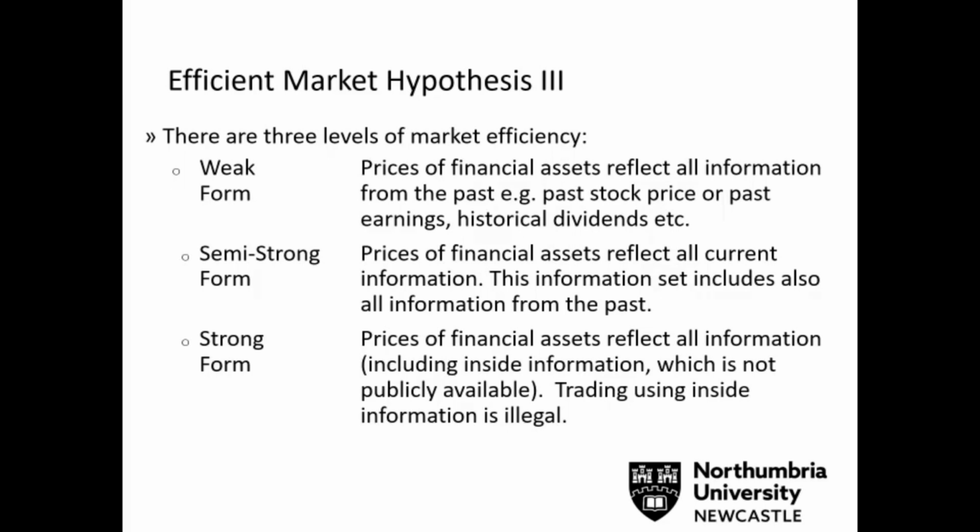There's semi-strong form, and this is where any asset incorporates past information as well as the present news and present market information. And then the last one is strong form. Well, this says the price includes past, present, as well as privileged information. So the share price will reflect insider knowledge.